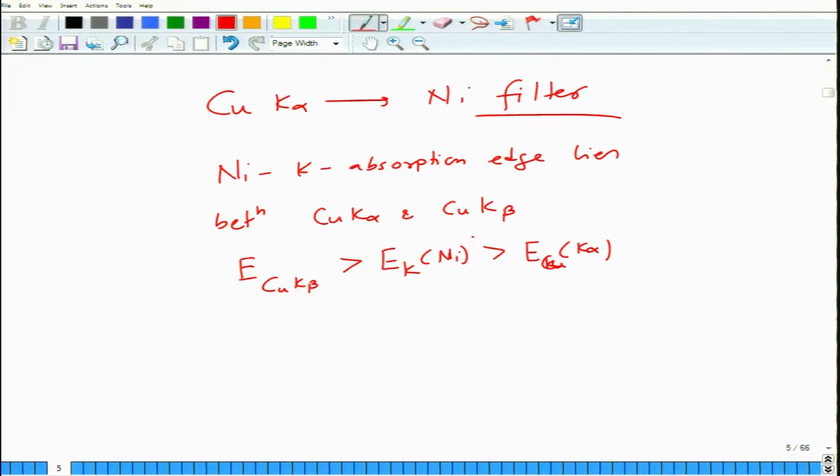So basically it will absorb this, but not that.